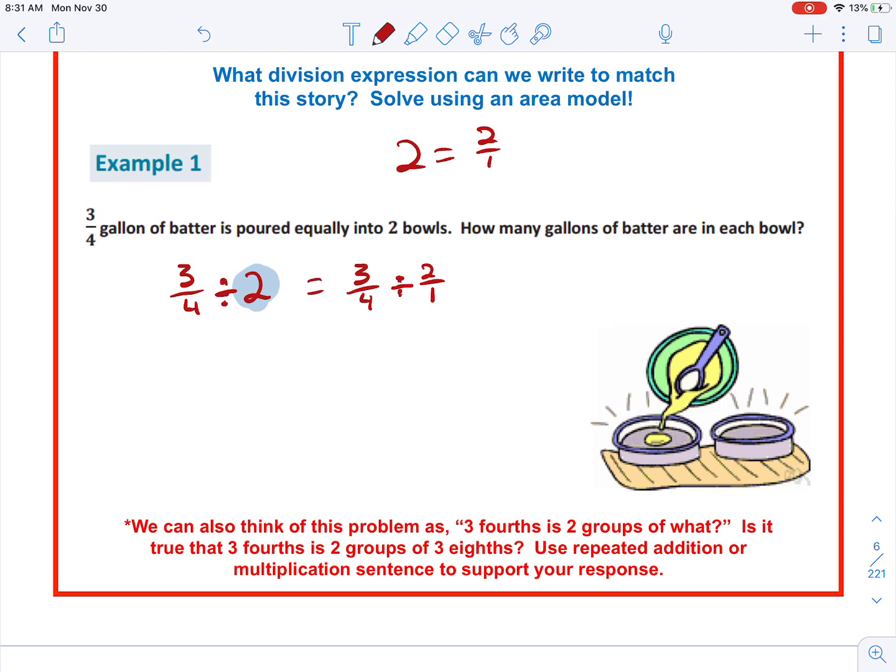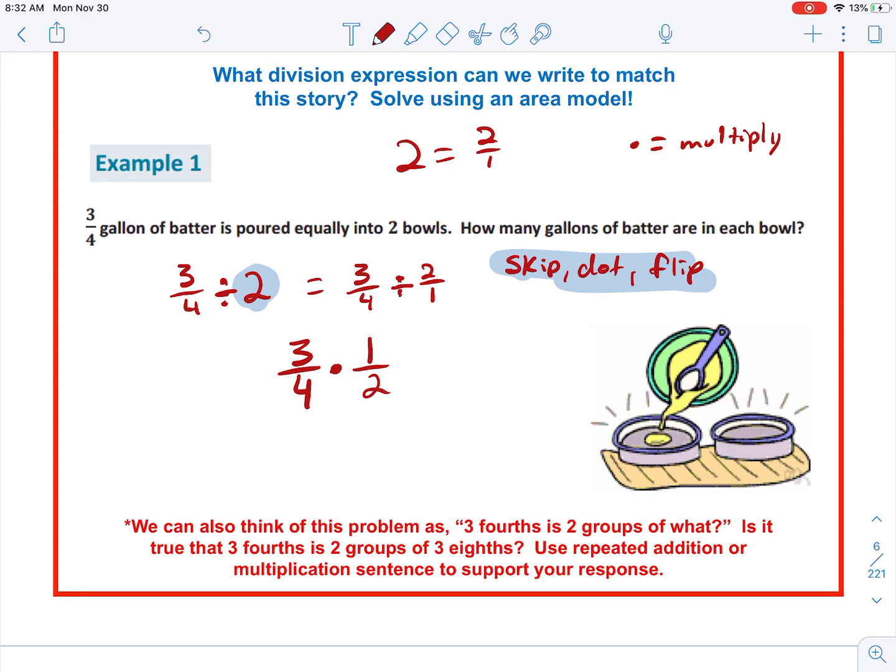Now, there's a rule called skip dot flip, okay? And in this rule, we are going to skip the first number, write it as is, write a dot, okay, skip dot. Remember this dot means to multiply. Dot equals multiply. And flip. That means we're going to flip the second number, okay?